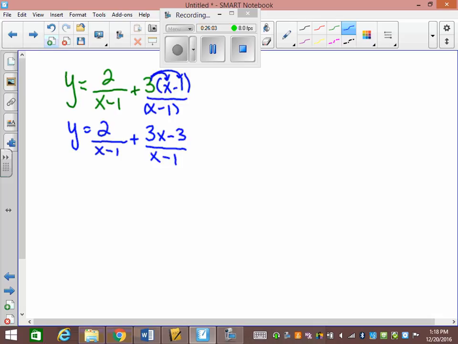Once we have a common denominator, we can write the whole numerator over one denominator. So we get y equals 2 plus 3x minus 3 over x minus 1. So y equals 3x minus 1 over x minus 1.